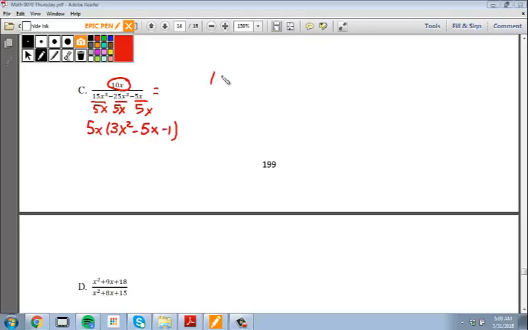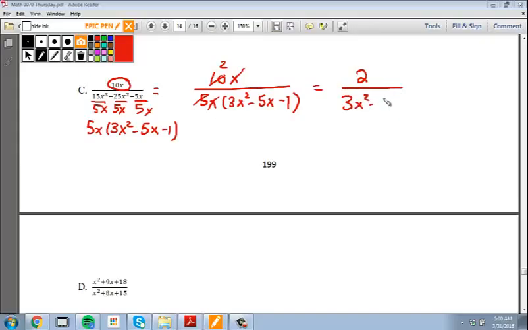So this is still 10x over the 5x times the 3x squared minus the 5x minus the 1. Then the 5 goes into the 10 twice. The x's cancel. So I have 2 over 3x squared minus 5x minus 1. And again, I can't break that up any further because the monomial was in the numerator this time and not in the denominator.